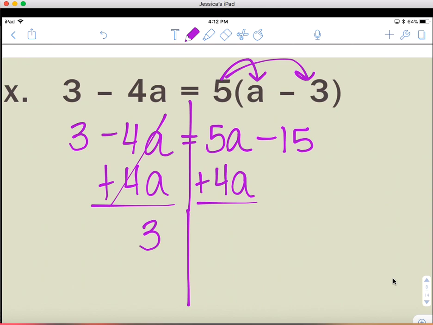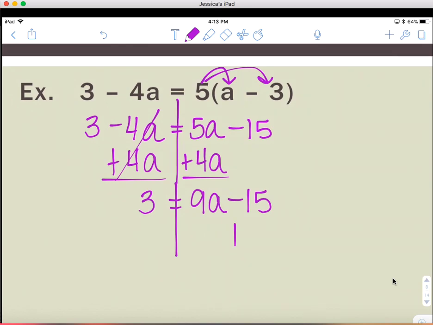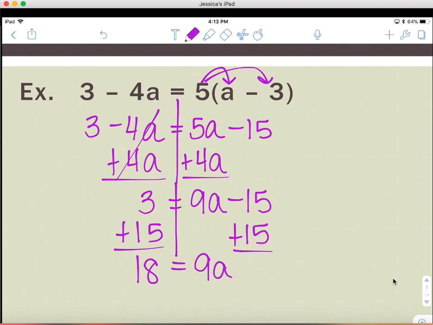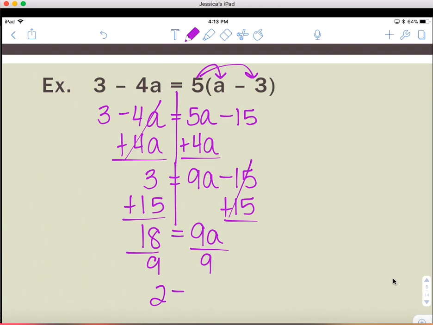On the right, 5a plus 4a is 9a, and I bring down the minus 15. From here, I'm back to my two-step equation. So I'm going to add 15 on both sides, and then I'm going to divide by 9. Our final answer for this problem is 2.